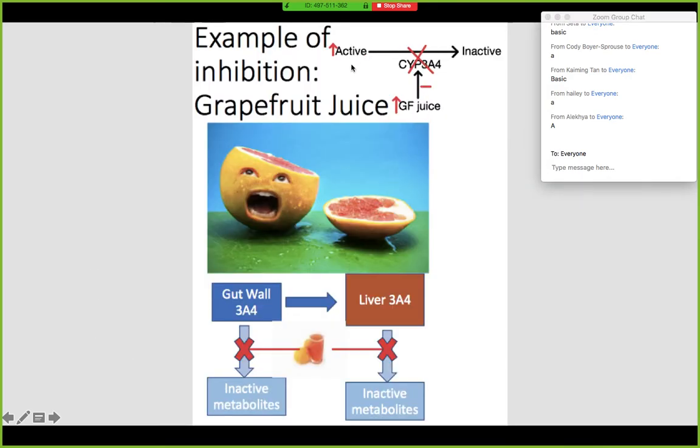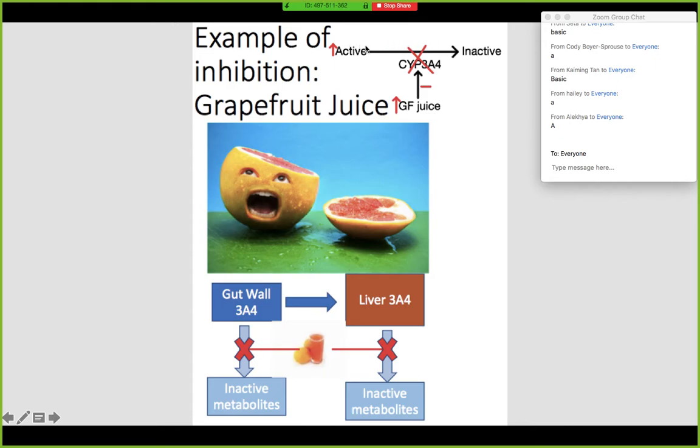And I wanted to show you how I draw these questions out. So this is the one that she likes to test on. So inhibiting an inhibitor rather, is going to lead to more of the active drug. So if the patient starts drinking grapefruit juice, which inhibits CYP3A4, this is not going to happen.